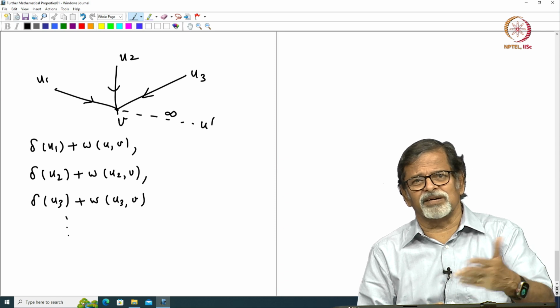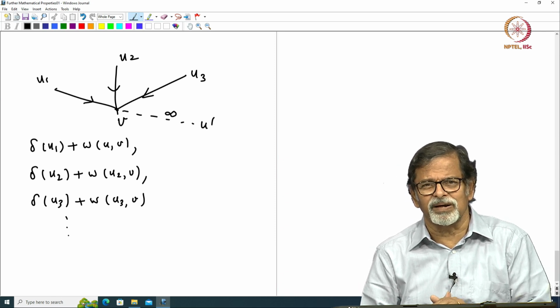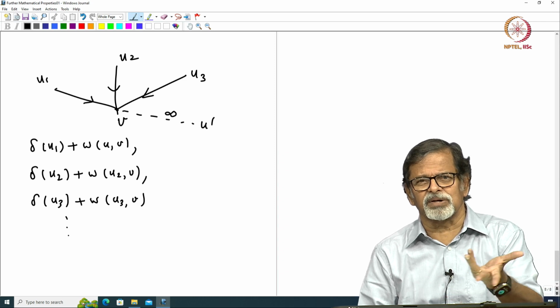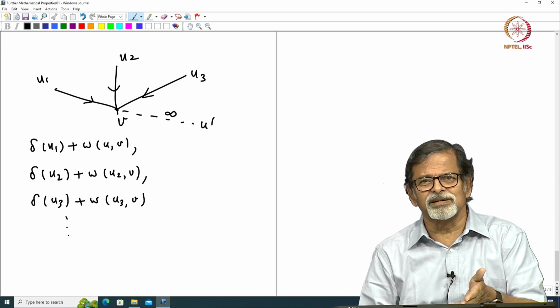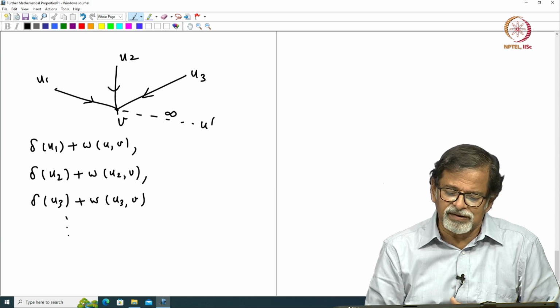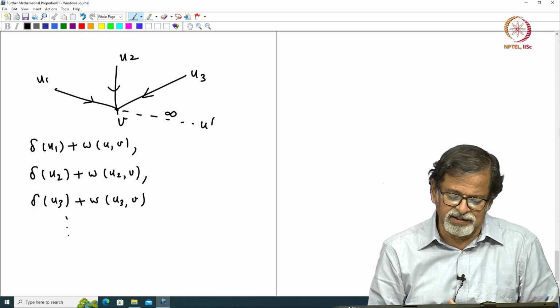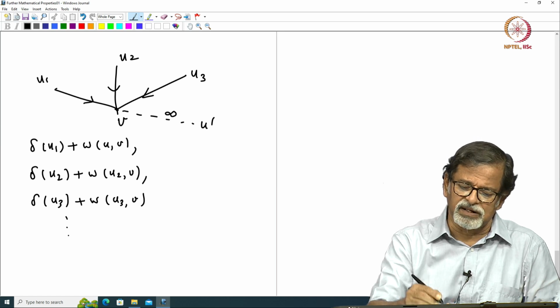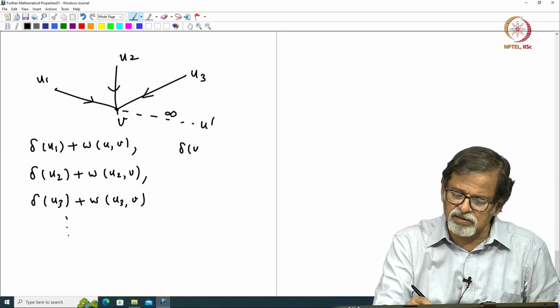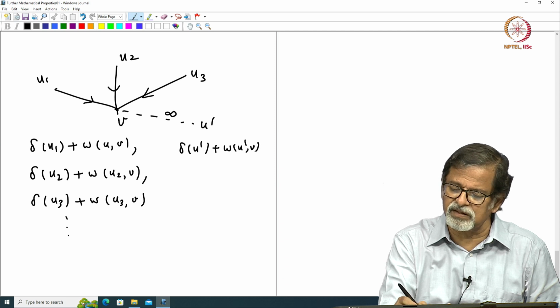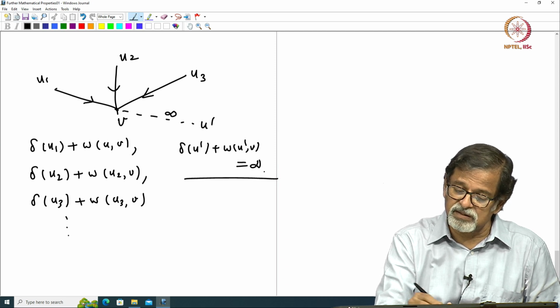So, every quantity is less than infinity anyway. In your actual computation you do not have to use that, but to simplify the notation by introducing V U dash is infinity. Anyway those quantities, delta U dash plus weight of U dash V, will be infinity.